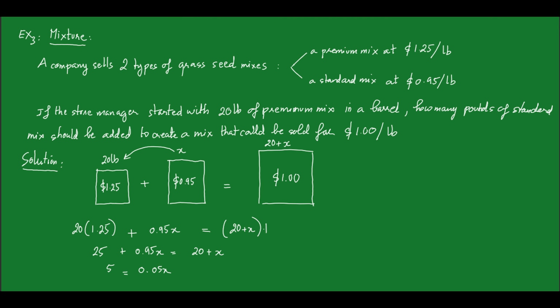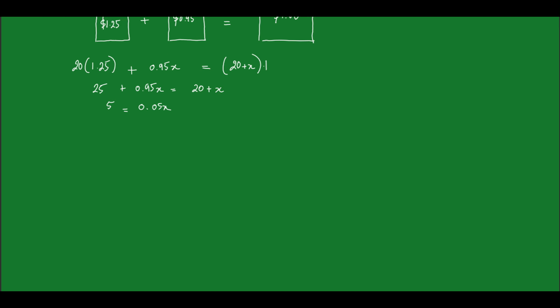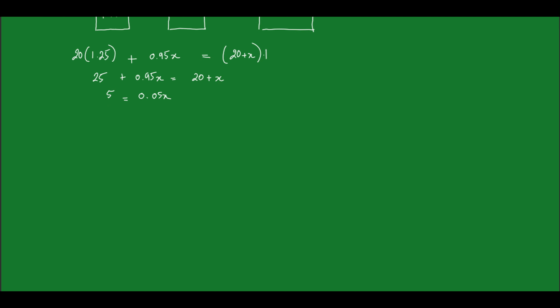Then in order to get x, what are you going to do? You're going to divide both sides by 0.05, right? So your x will be 5 divided by 0.05, which gives you 100.